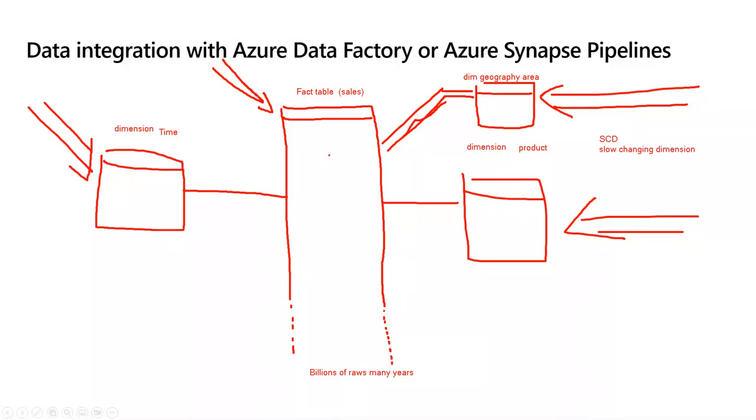On the contrary of the fact table, which is changing constantly at some pace, like every week or every day, depending on how we are feeding the fact table, whether the ETL process is on a daily basis or monthly basis. If this feeding flow is daily, this one maybe would be monthly. Every month we have some update about the product, because our company is not releasing a new product every day.